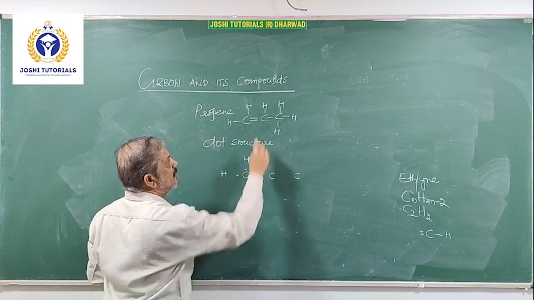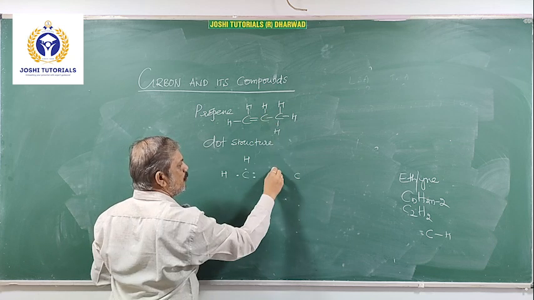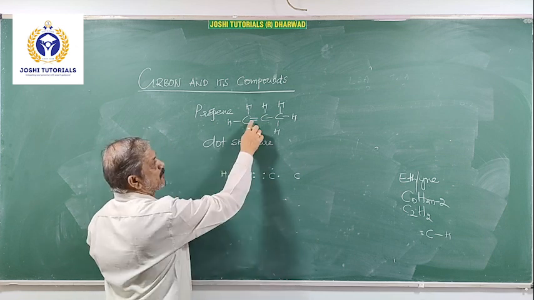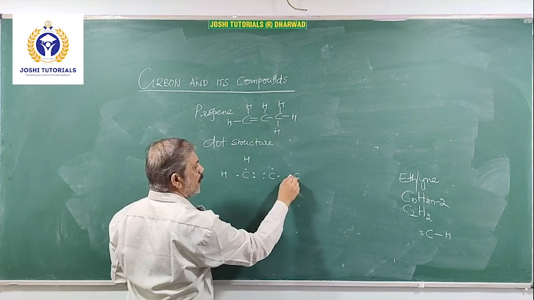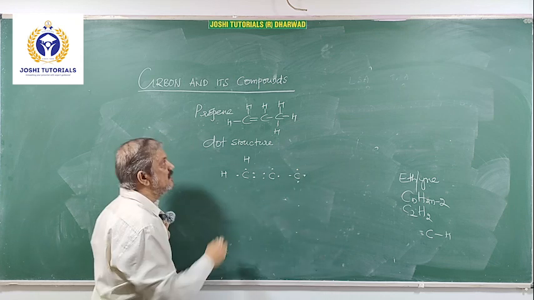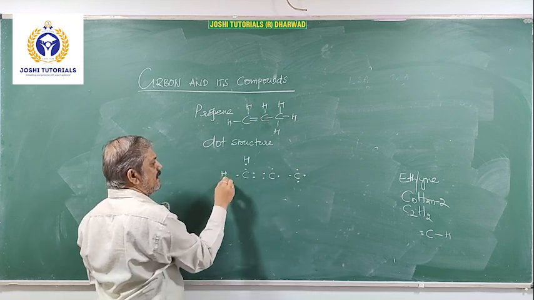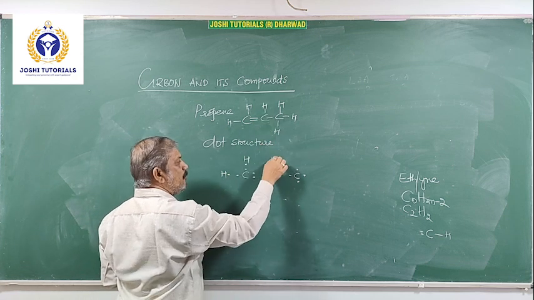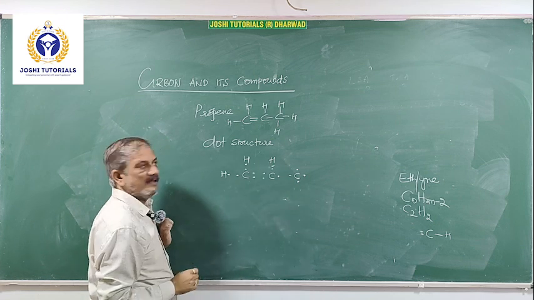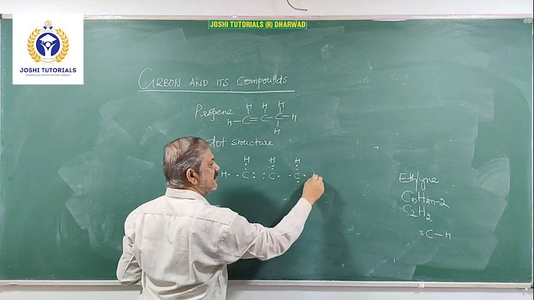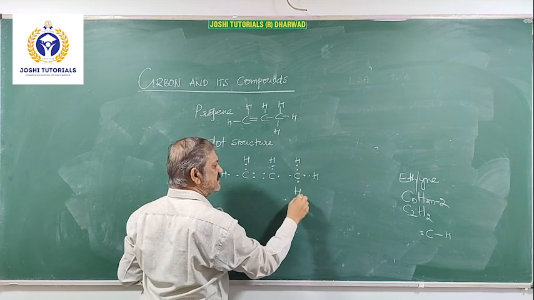Because it is double, for this one, 1, 2, 3, 4. Hydrogen 1, hydrogen 1. After this, hydrogen is here 1, hydrogen is here 1, hydrogen is here 1.